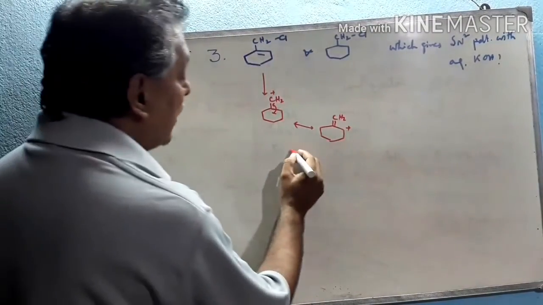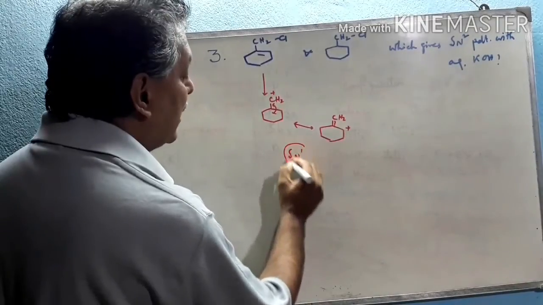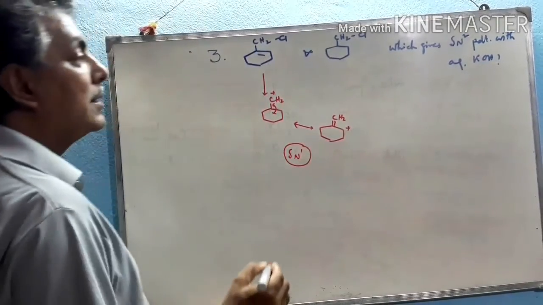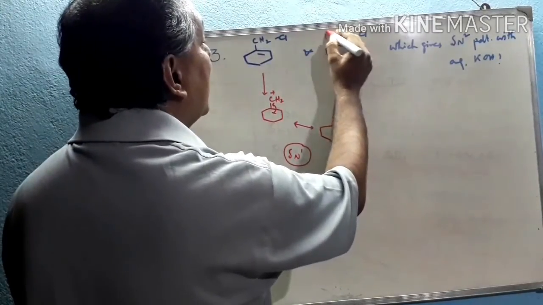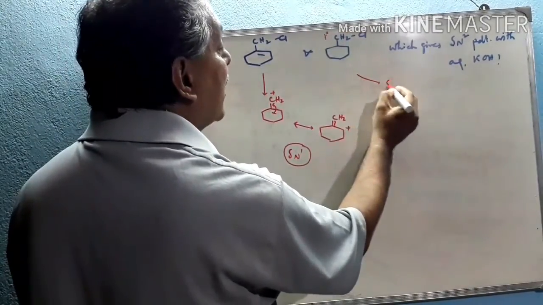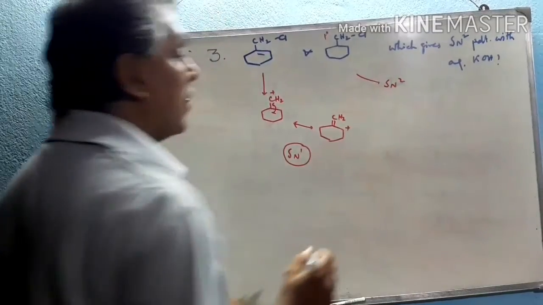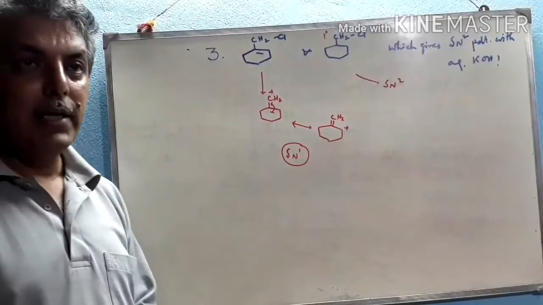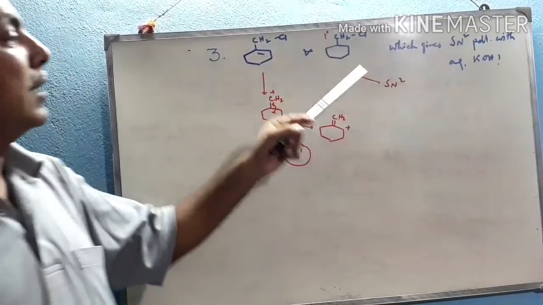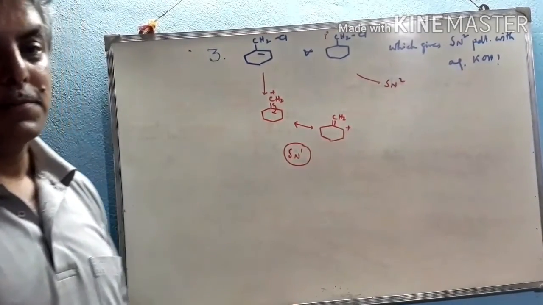So it undergoes the SN1 reaction to give the product. So that's why this compound, which is a 1 degree alkyl halide, only undergoes the SN2 reaction. Therefore we can conclude that this compound only undergoes the SN2 reaction.